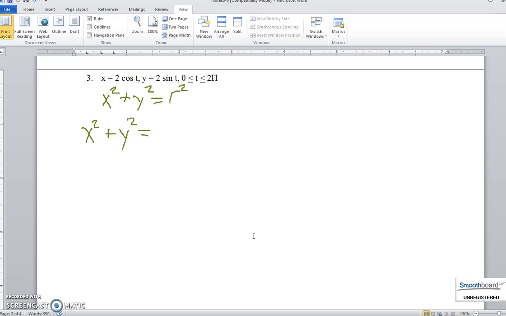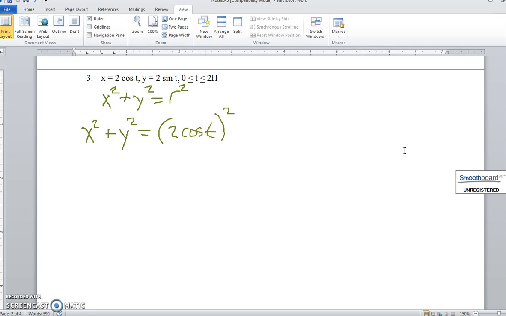And I'm just going to do some substituting and hopefully get something that makes sense with this radius being squared in the long run. So x was 2 cosine of t, and that's being squared. Okay, y was 2 sine of t, also being squared.